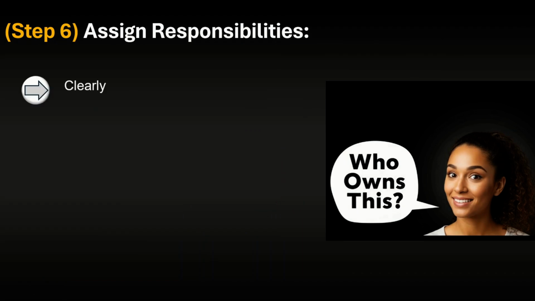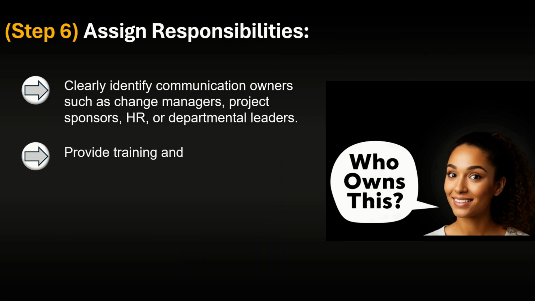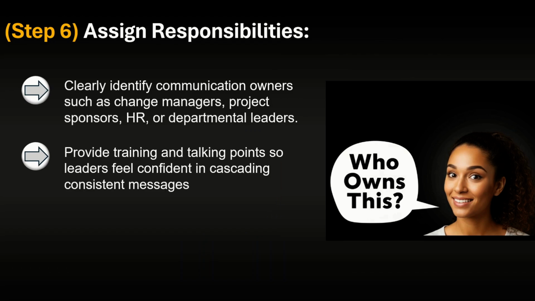And so, in assigning responsibilities for communications, you want to ensure you clearly identify communication owners, such as change managers, project sponsors, human resources, IT, or departmental leaders. You also want to provide communication talking points, so leaders feel confident in cascading communications.